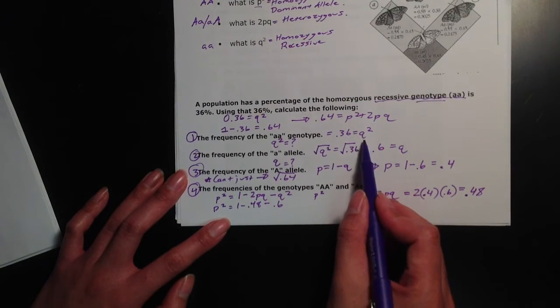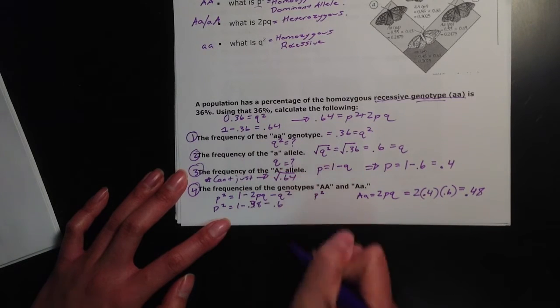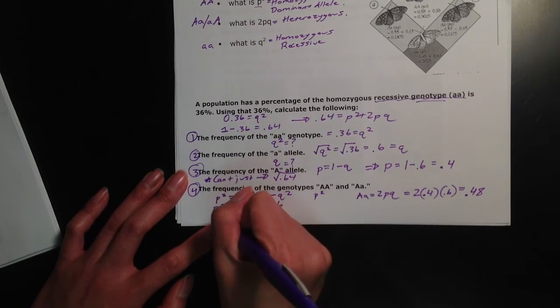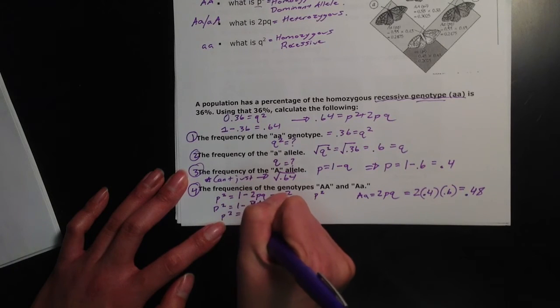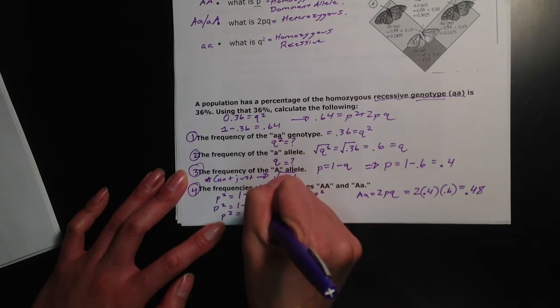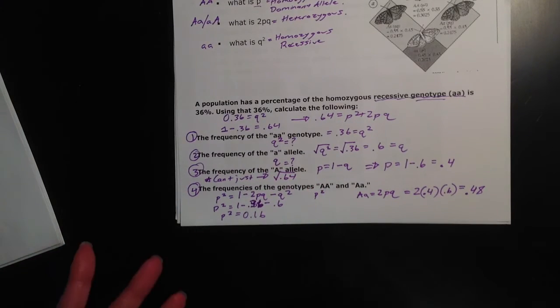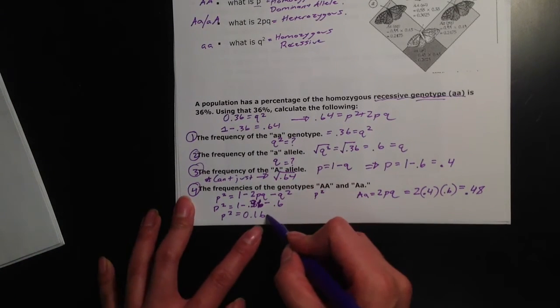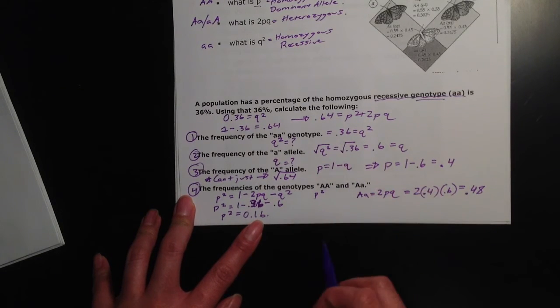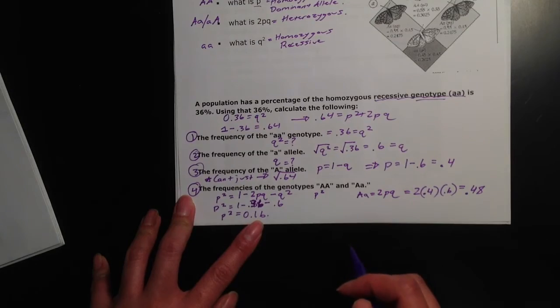What did I do wrong? Oh, 0.36, not 0.6. There we go. And so p squared is going to equal 0.16. Watch out for my mistake right there. If I needed to double check, I could add 0.16, 0.48, and 0.36 together, and they should add up to 1.